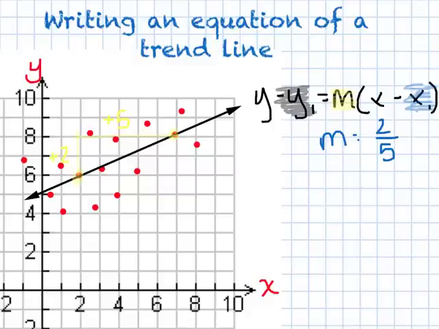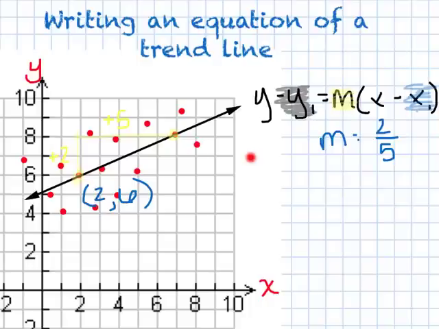Then we can pick any point on that line. I'll pick this first point. This is at 2 on the x-axis, and it's up to 6 on the y-axis. So that will be the point (2, 6). That means 2 will replace my x1 value, and 6 will replace my y1 value.